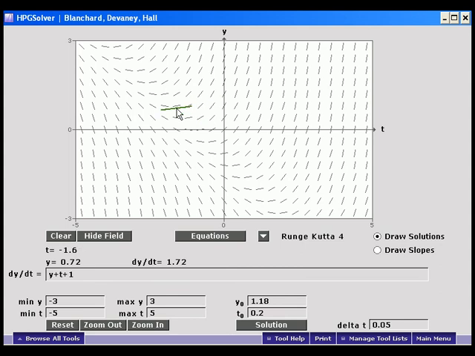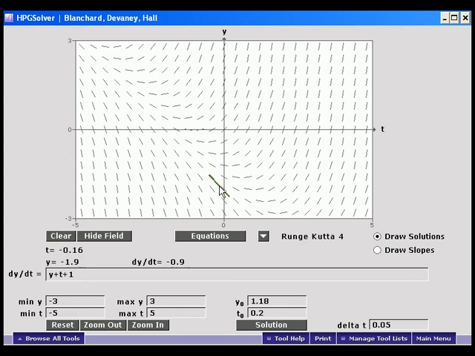The book problems are pretty hard to draw by hand, so basically we'll rely on DE Tools to show you what these slope fields look like. But you may have problems like problem 16, which we'll get to in just a second, where you are given the slope field and you're supposed to identify it.